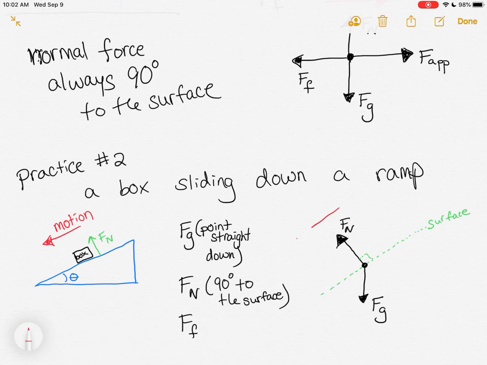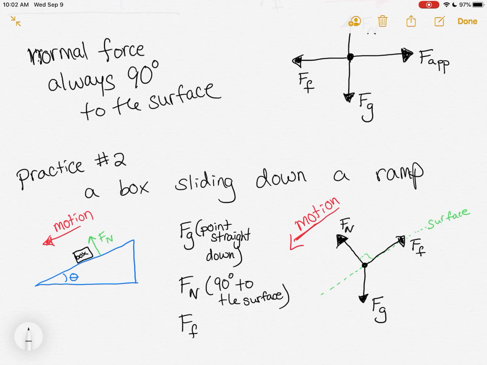Since my motion is down and to the left at that angle, that means that my friction force is going to have to be up and to the right at that angle. And so that's going to create our free body diagram based on our system diagram.